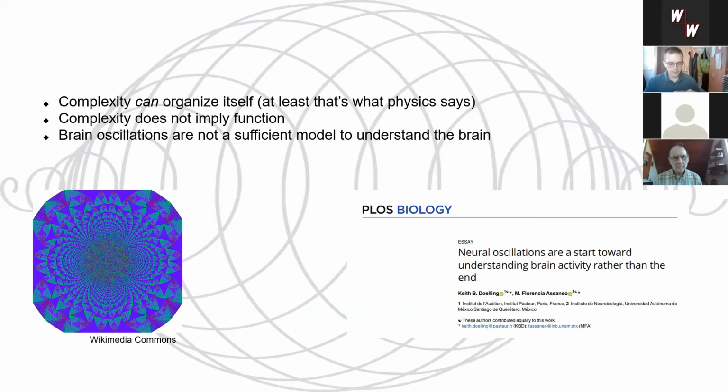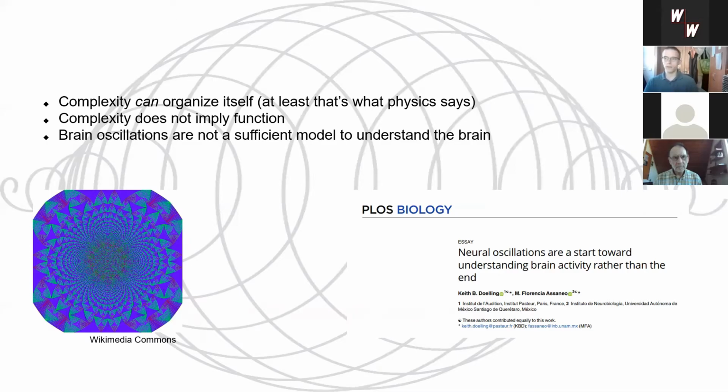Still, I think that this does not mean that we can explain complex brain activity from simple first principles, for a number of reasons. First of all, I think this is not new for any one of you: complexity does not imply function, right? When we see something complex, it does not mean that it does anything meaningful. This is still one step further. And so far, we haven't really seen these brain oscillations do anything meaningful, right?